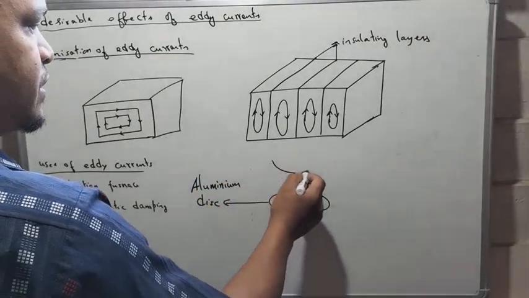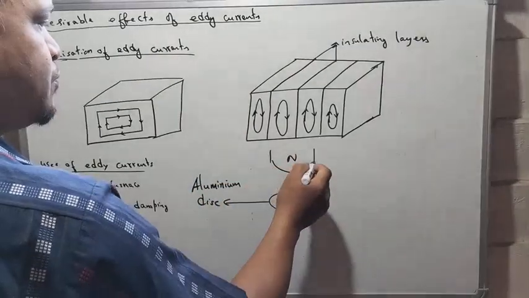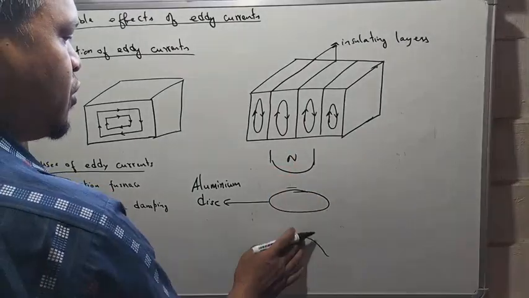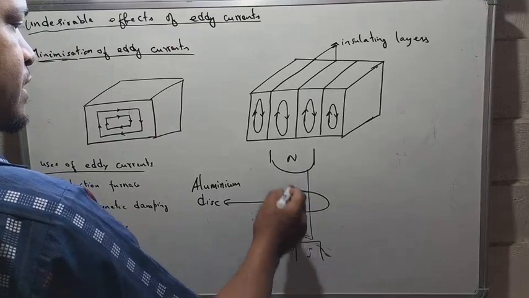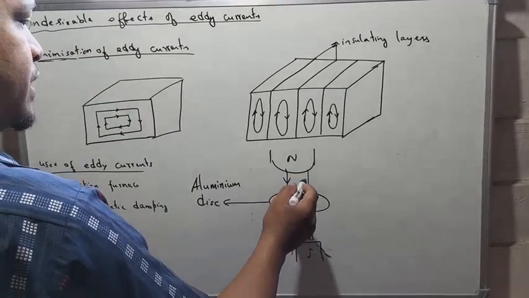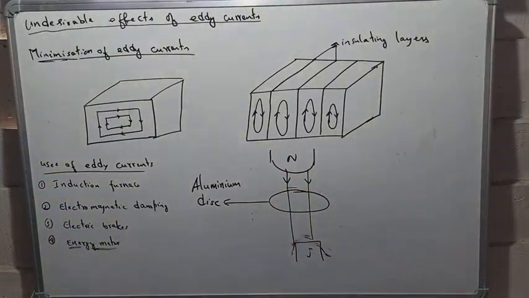This disc is placed between two pole pieces of a strong electromagnet, like this. Again, you will get a magnetic field coming from north pole to south pole.